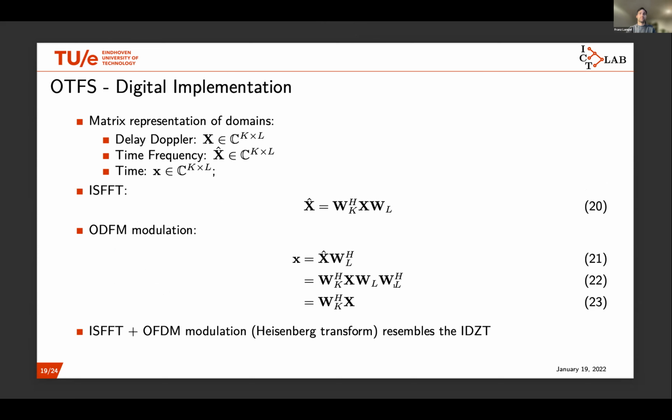But if we use this relation here, we get a unit matrix and it ends up to be like this. This is nothing else than what I presented before, taking the inverse Fourier transform along the columns, and we get our matrix here. So from that perspective, we can see that the inverse symplectic finite Fourier transform plus the OFDM modulation resembles the inverse discrete Zak transform.